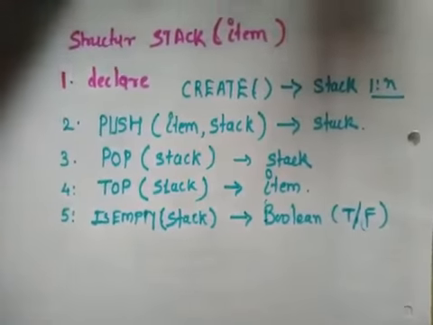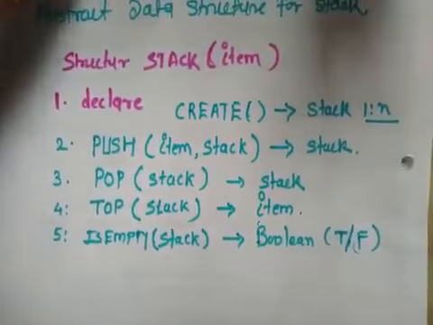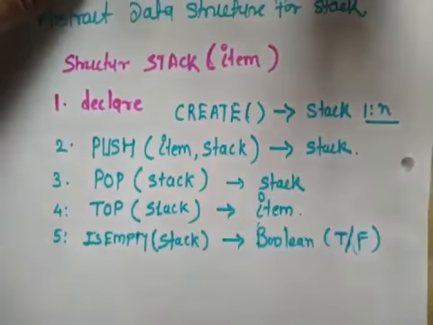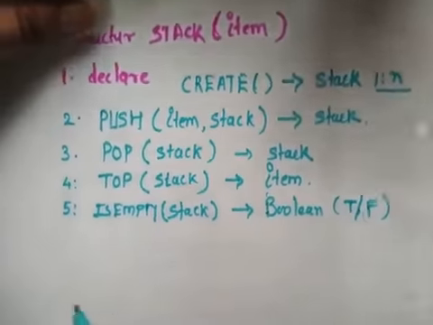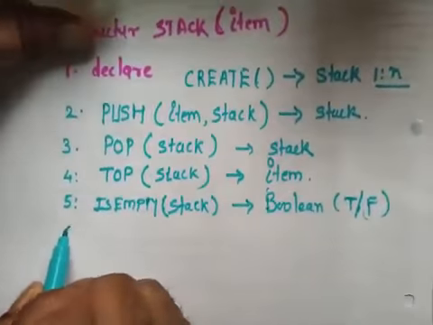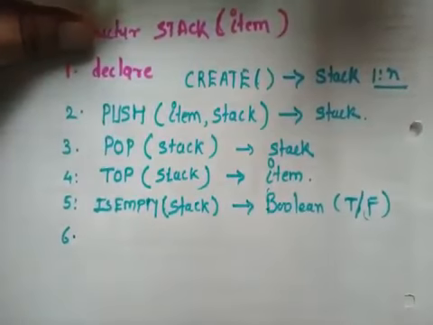Now as per the definition of ADT, first we declare all these operations which we are going to operate on stack. Then we are going to define some rules, meaning how and what type of inputs and outputs come from these functions.